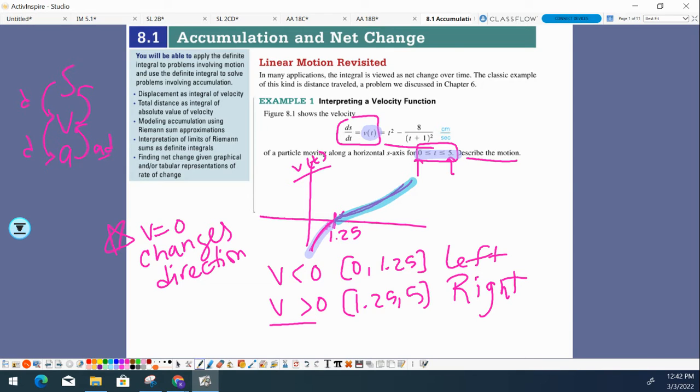We have covered all this before, but just connecting: when velocity is less than 0, it is moving left, and greater than 0 is moving right. This is just using your calculator to find some of these pieces, the best way if you have a calculator available.